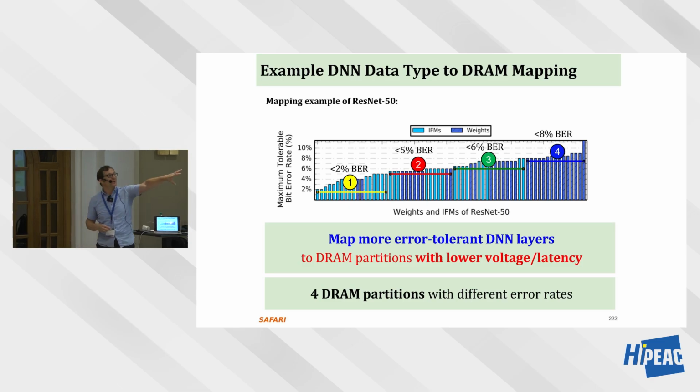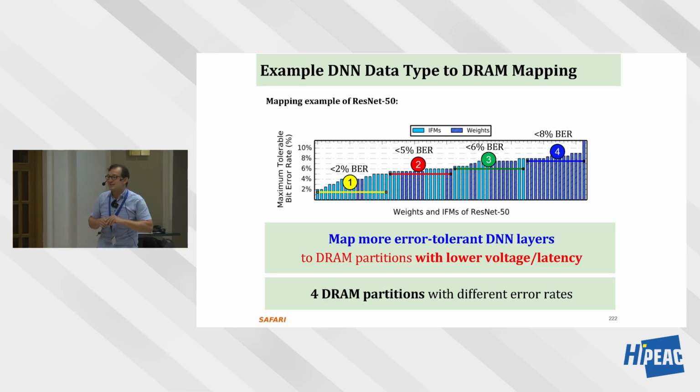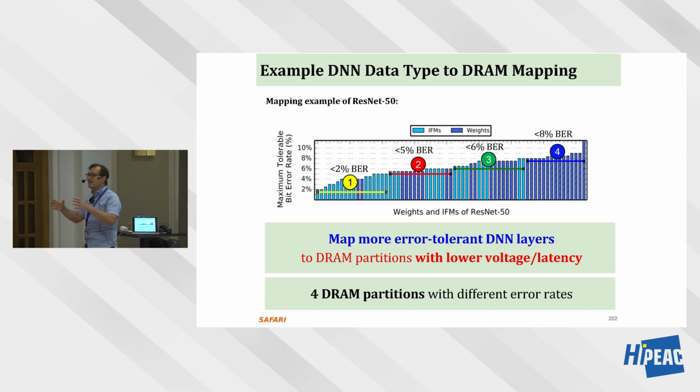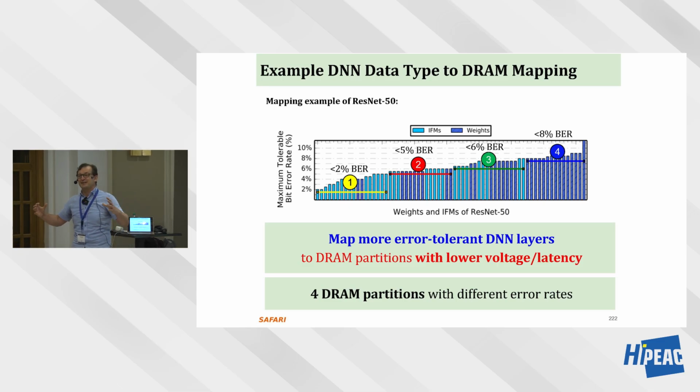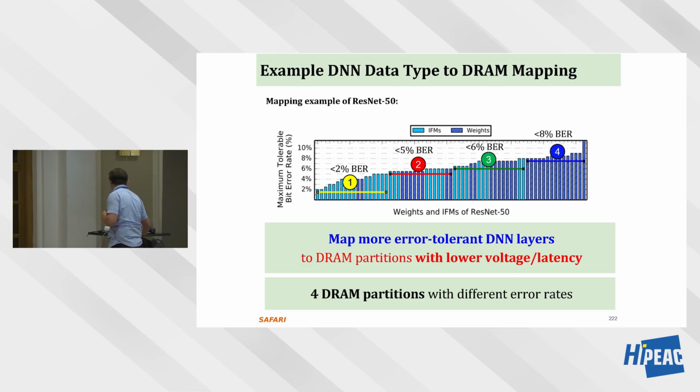So if the DRAM designer, for example, has the ability to design a DRAM that has 8% bit error rate, they have a lot of flexibility in reducing the energy of the DRAM and reducing the latency of DRAM. One of the reasons why today it's very difficult to design memory is you have to make it completely reliable and also at the same time reasonably low latency. So you don't have much room to play with. Here, you give room to play with to the DRAM designer.